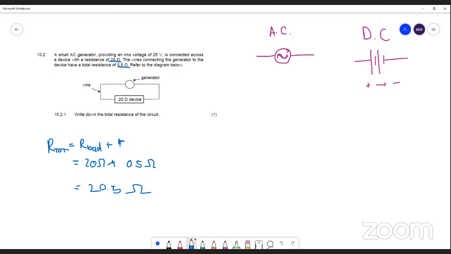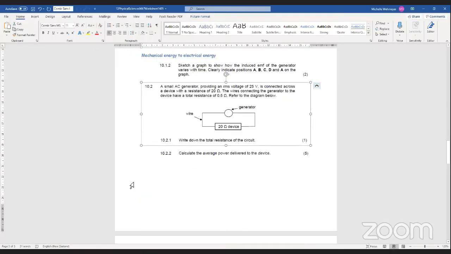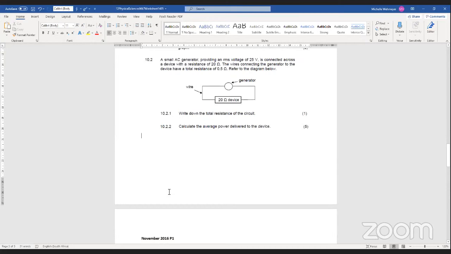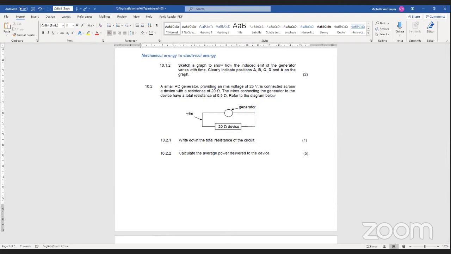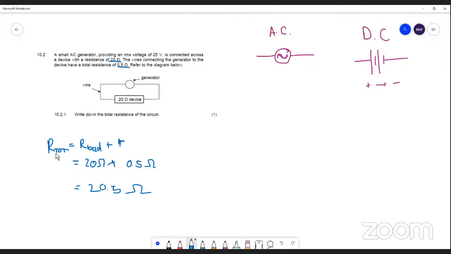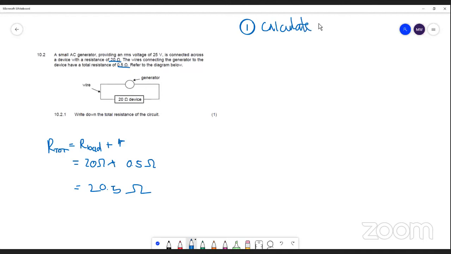Okay, then question 10.2.2, calculate the average power delivered to the device. Fun one. So now we want average power, and I'm going to work it out. First I'm going to calculate my IRMS.